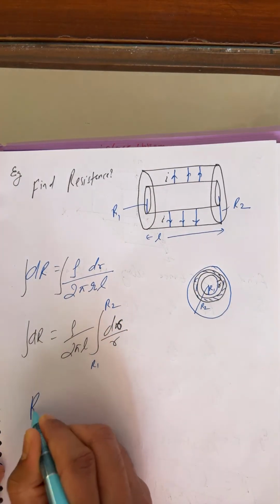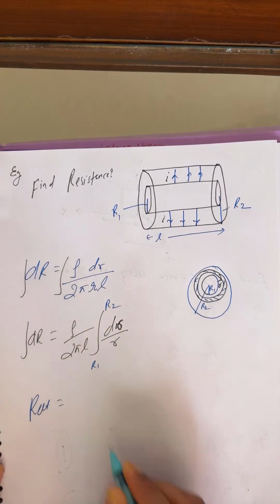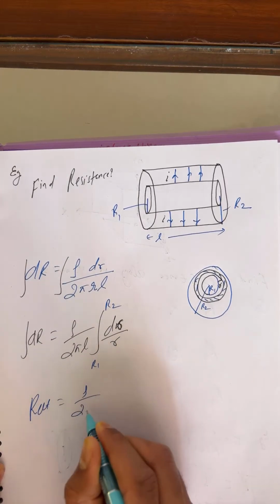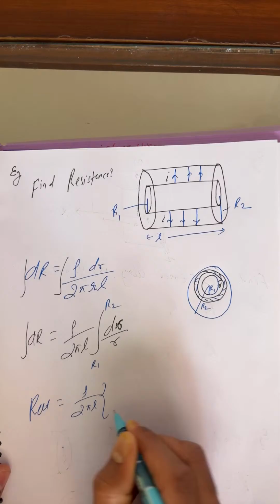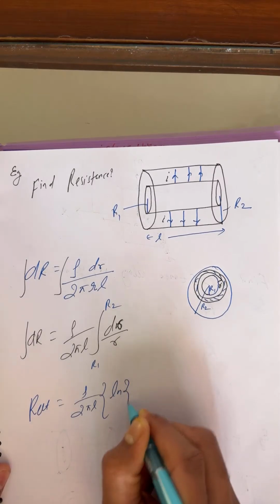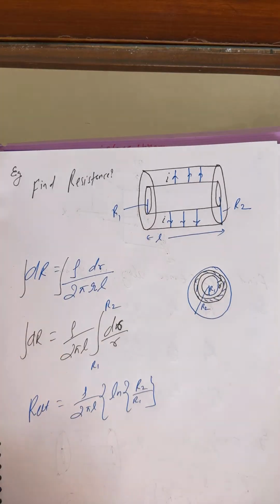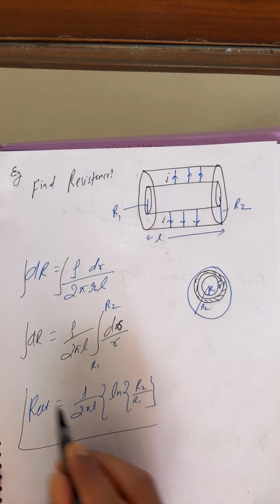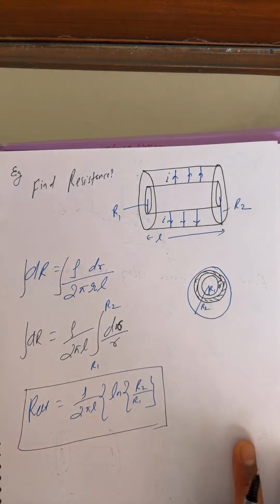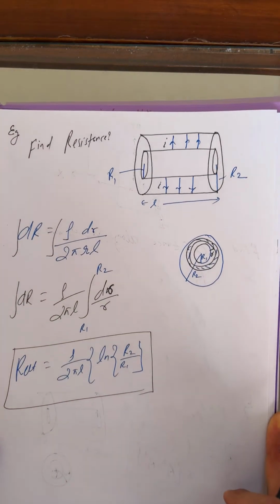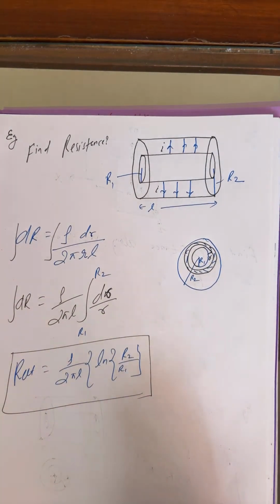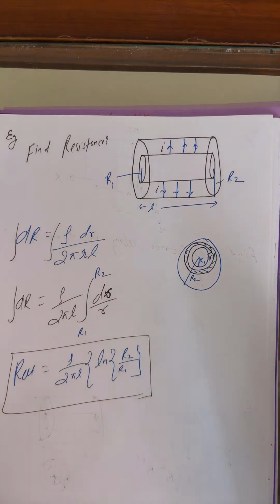So R equivalent is rho upon 2 pi L times ln of R2 upon R1. So this is R equivalent, the resistance for this kind of element.